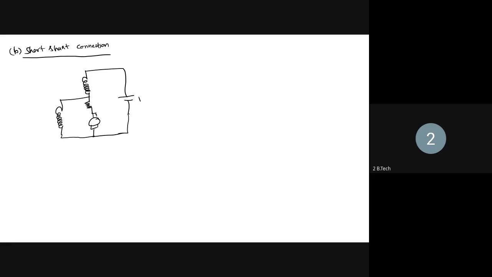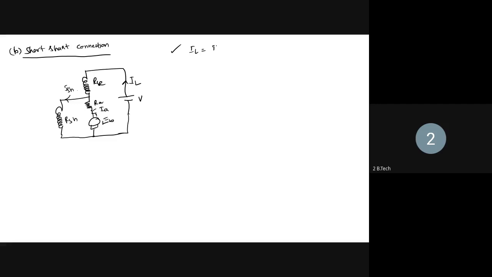The supply voltage V, series field resistance, line current, armature current, armature resistance, back EMF, shunt field resistance, the shunt field current. Again, the formula is same.